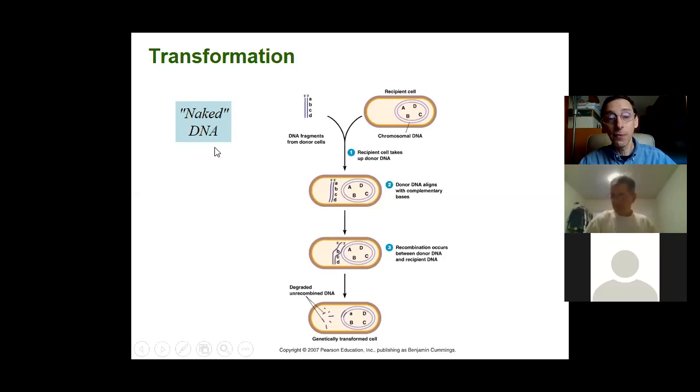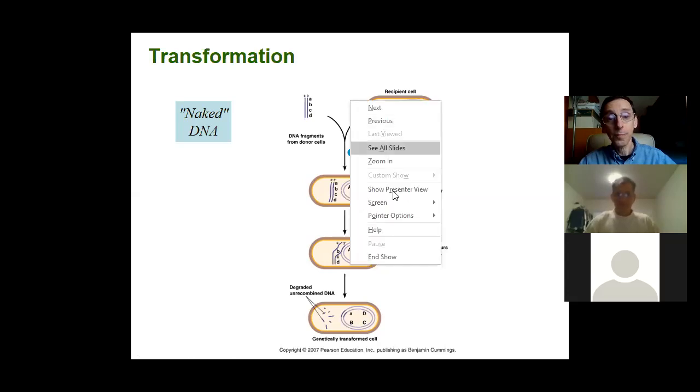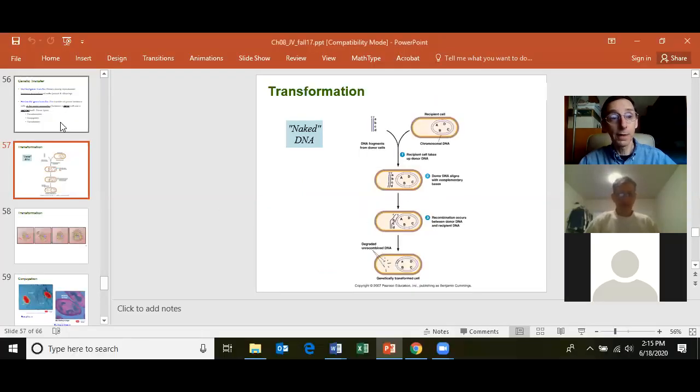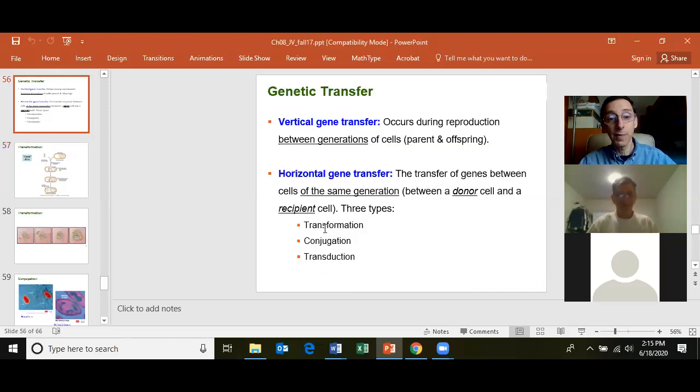So these other ways of getting horizontal gene transfer are important to cells because they can get a new gene by one of these 3 ways: transformation, conjugation, and transduction. And each of them are happening 10 times more frequently than by spontaneous mutation.